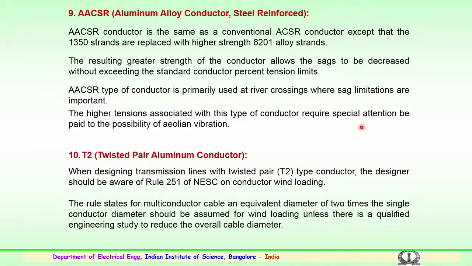So, when designing transmission lines with a twisted pair T2 type conductor, the designer should be aware of the rules as per the National Electric Safety Code on conductor, particularly on wind loading.